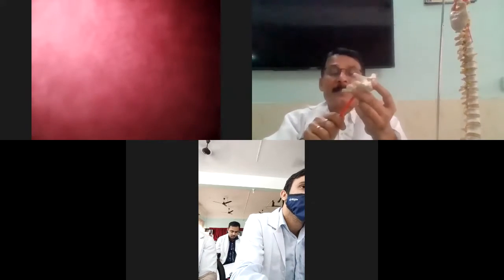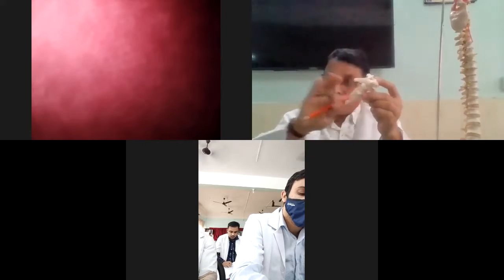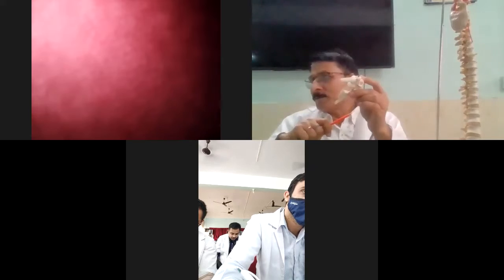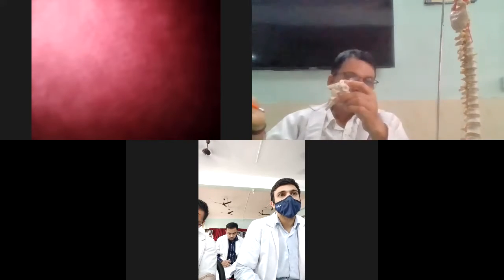So if a burst fracture is happening, it may cause compression on the cord from the posterior wall. So the canal may be compromised in a burst fracture. Another group of burst fracture is a very stable type. You don't need to do anything more, so it can be treated conservatively also.